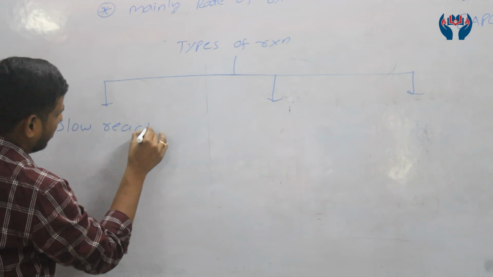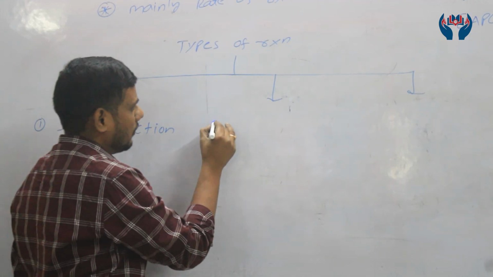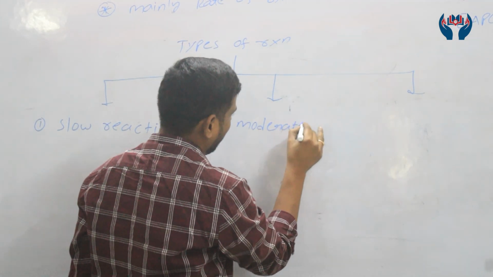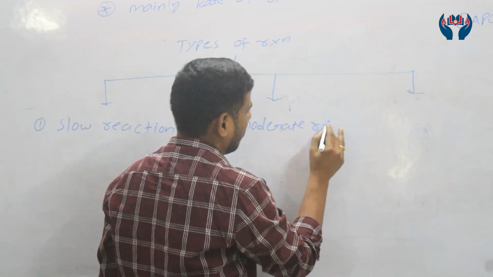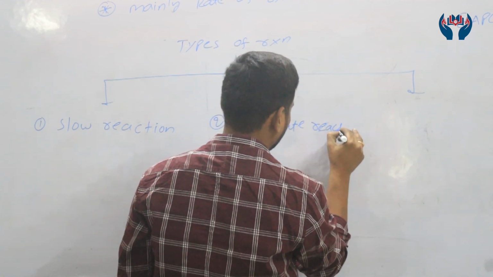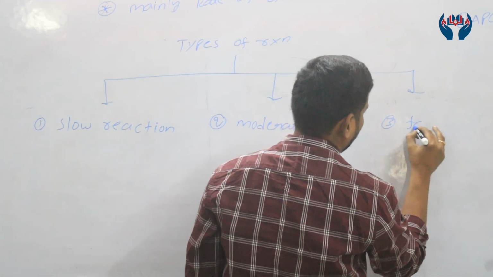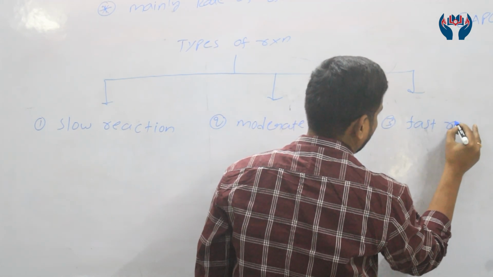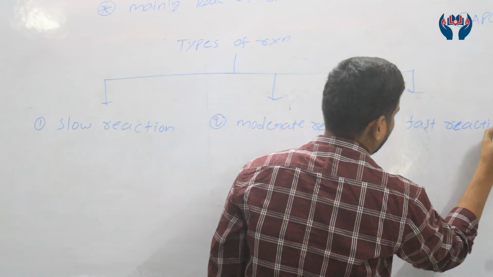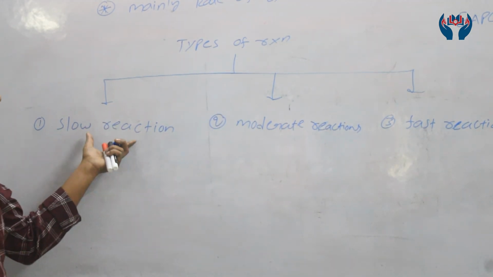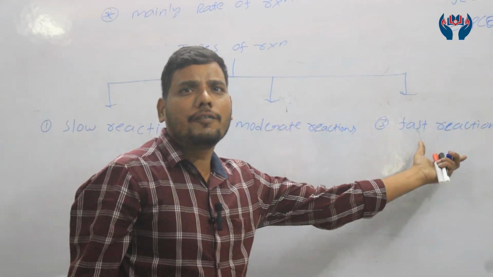Second one, moderate reactions. And third one is fast reactions. Definitely, reactions are three types: slow reaction, moderate reaction, and fast reaction.